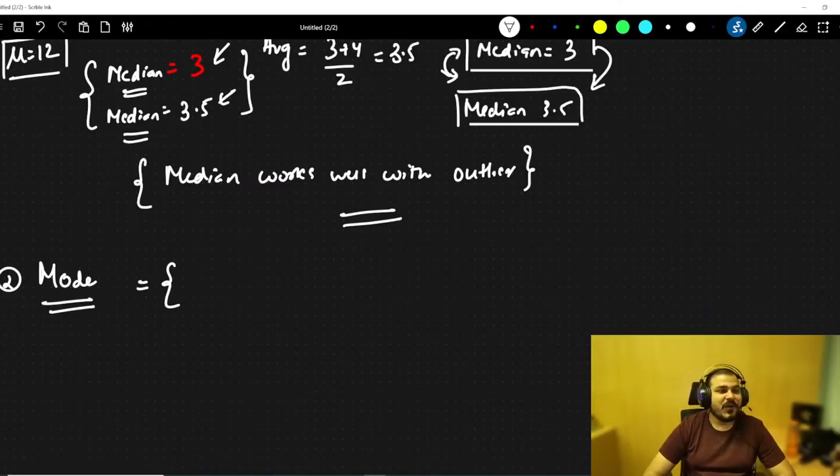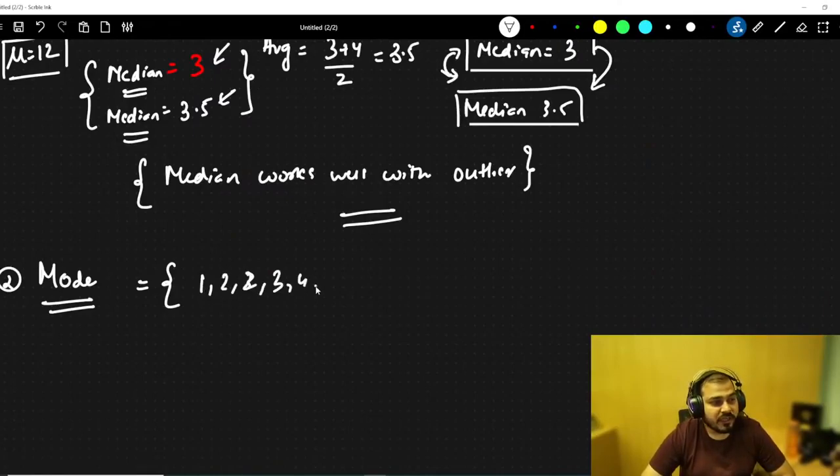Okay, so median we have basically used. Now let's go towards mode. Suppose I have a specific data set like this: 1 2 3 4 5 6 6 6 7 8.